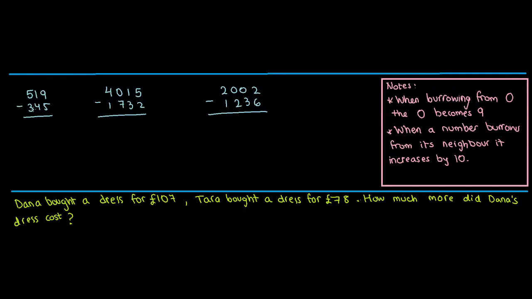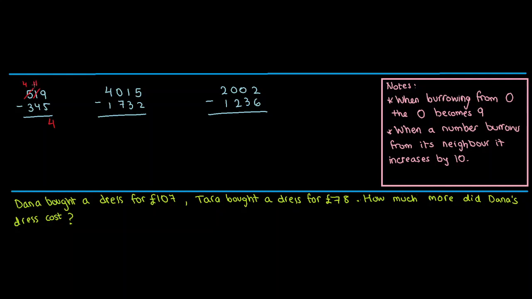519 minus 345. Always start from the ones, then tens, hundreds, thousands, etc. So 9 minus 5 is 4. 1 minus 4, oops, we can't do that. So 1 needs to borrow from 5. 5 drops to 4, and 1 gains a 10, so it becomes an 11.